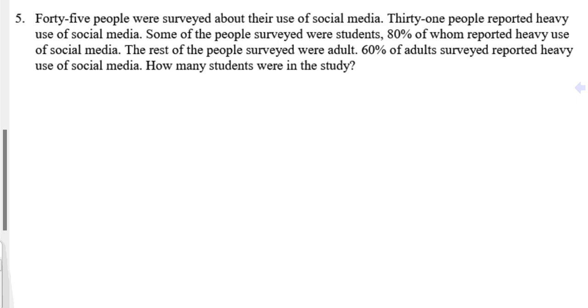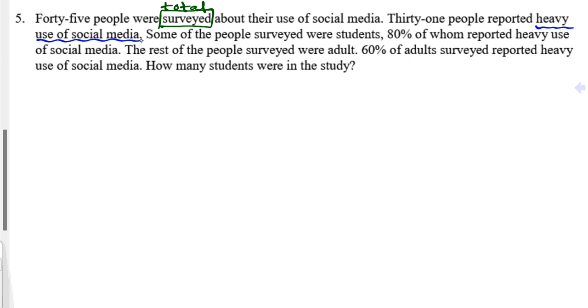So once again, let's take note of the two types of information we're given in this question. First of all, we're told about the total number of people that were surveyed. Secondly, we're told about people who made what they described as heavy use of social media.